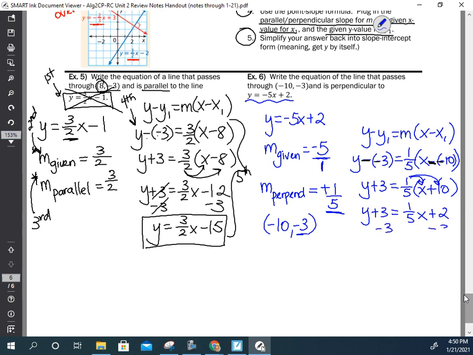And then subtract 3 on both sides. So y equals 1/5 x minus 1. And that's our perpendicular line.